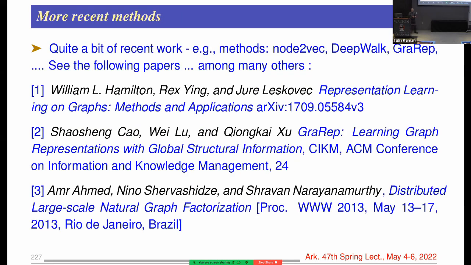Now there are a lot of methods that have been looked at recently. The work I just mentioned is from about 15 years ago, but there's still interest in these things, of course. It's a very fundamental tool, and some of the references are here.